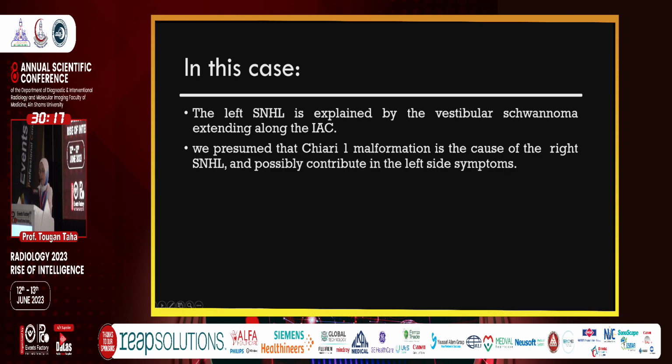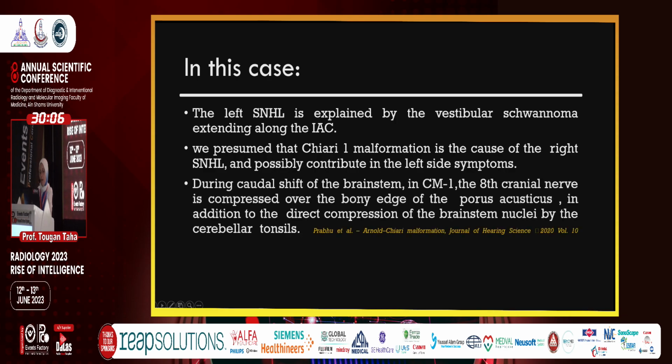We presumed that Chiari-1 malformation is the cause of the right sensory neural hearing loss and possibly contributes to the left side symptoms. During the caudal shift of the brainstem in Chiari-1 malformation, the eighth cranial nerve is compressed upon or over the bony edge of the porus acousticus, in addition to the direct compression of the brainstem nuclei by the cerebellar tonsils.